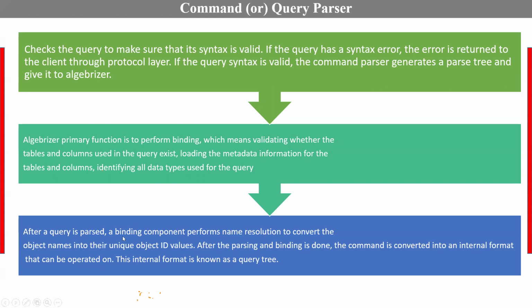After the query is parsed, the binding component performs name resolution to convert the object names into unique object ID values, which are understandable by SQL Server, and finally it will prepare the query tree. Query tree is nothing but low level language. So the parser will check the syntax error and prepare the query tree.